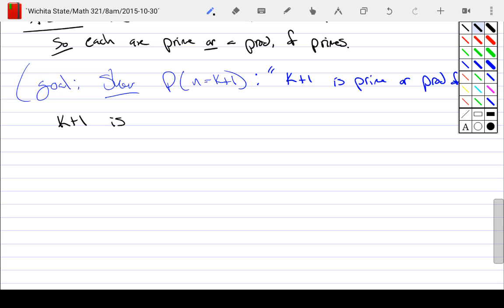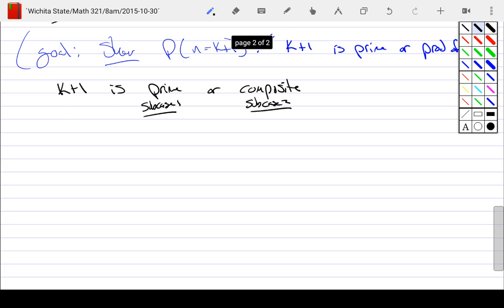All numbers are either prime or composite. And so this would be, say, subcase 1, subcase 2, because inductive is an actual case of the larger proof. So normally you would say this is a subcase. All right, 1, k plus 1 is prime.